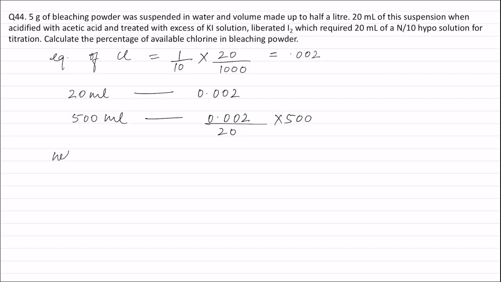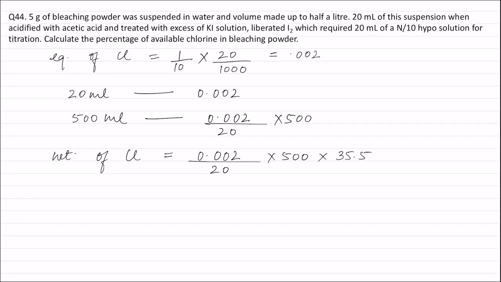From this, weight of chlorine will be equal to equivalents of chlorine, that is 0.002 divided by 20 into 500 into equivalent weight of chlorine, that is 35.5.